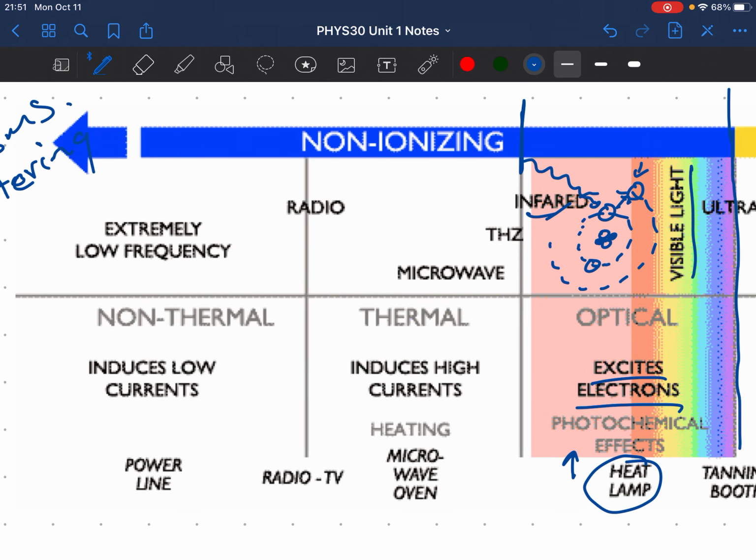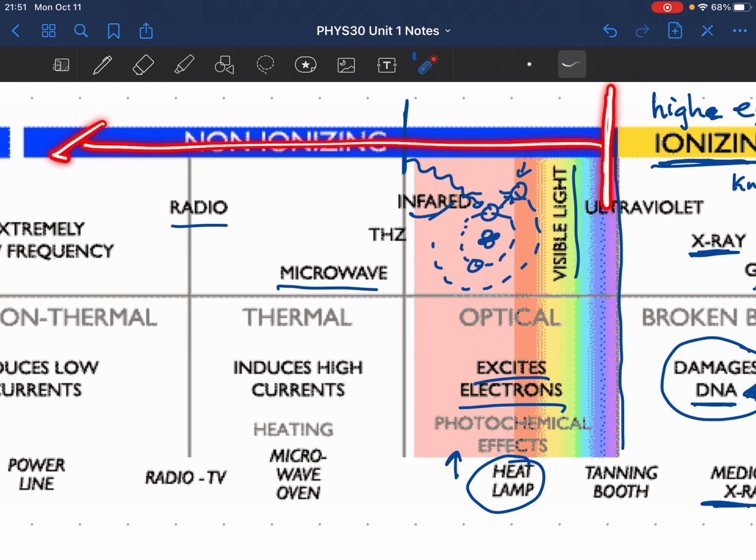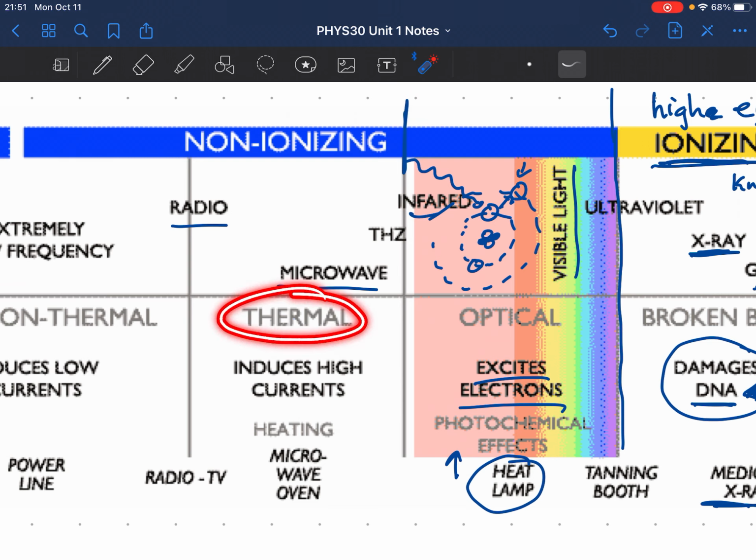Non-ionizing radiation is like microwaves, radios, well actually, all of this from here on out, that's all non-ionizing radiation. This just does not even do anything to the electrons. But in the thermal section, it will make things warm. So microwaves have the ability to make things warm.